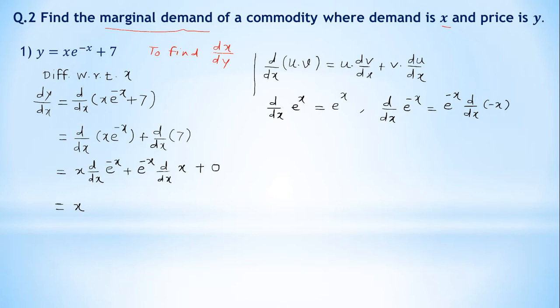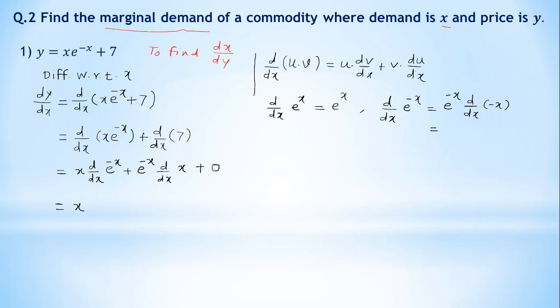Remember, because in place of x there is minus x. So if you have a term in terms of x, here minus x, then we have to use the chain rule like this: e raised to minus x into d by dx of minus x.